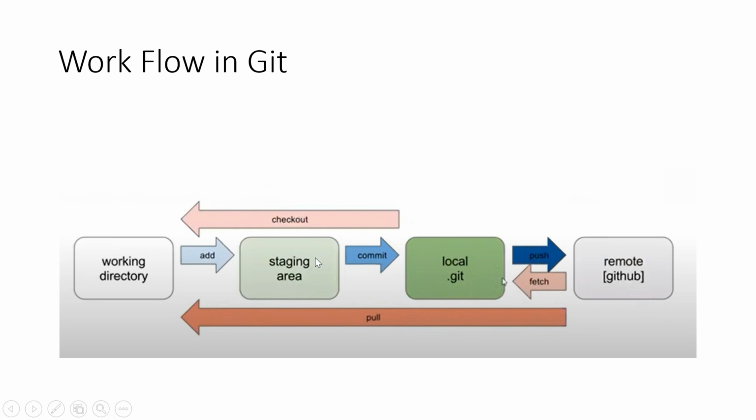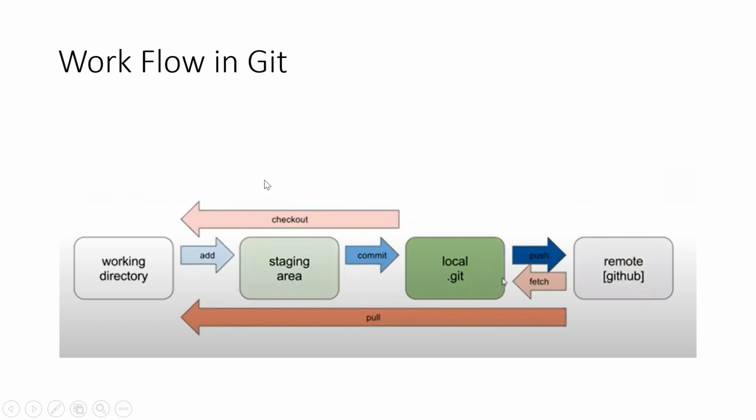Once you commit the changes, all the files, data, content and modifications made in the staging area are committed to your local repository. This is the local Git repository we have. After that, you can push it to the remote repository, meaning the repository on GitHub.